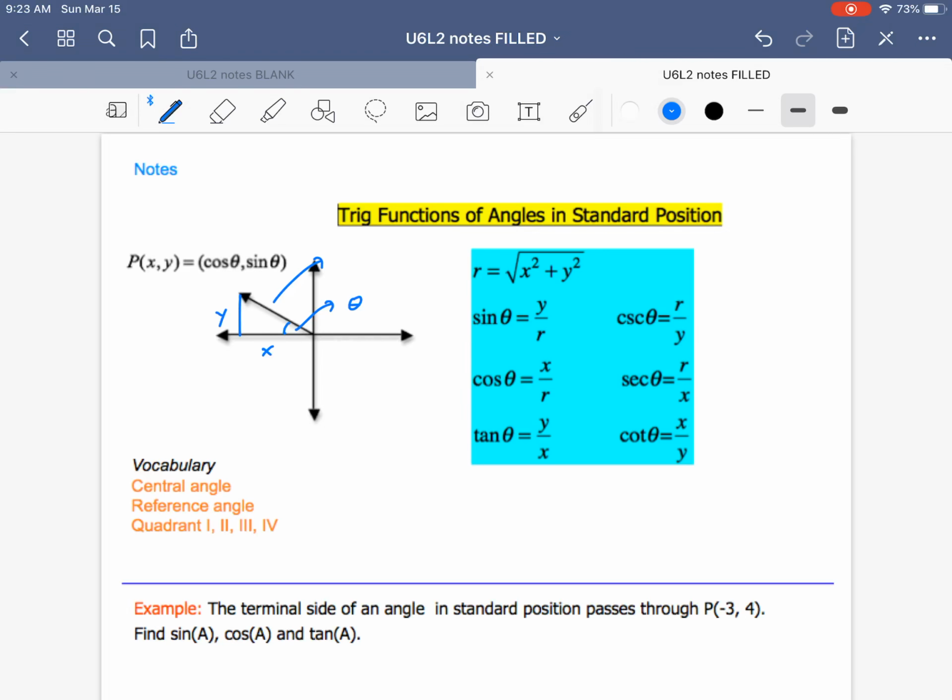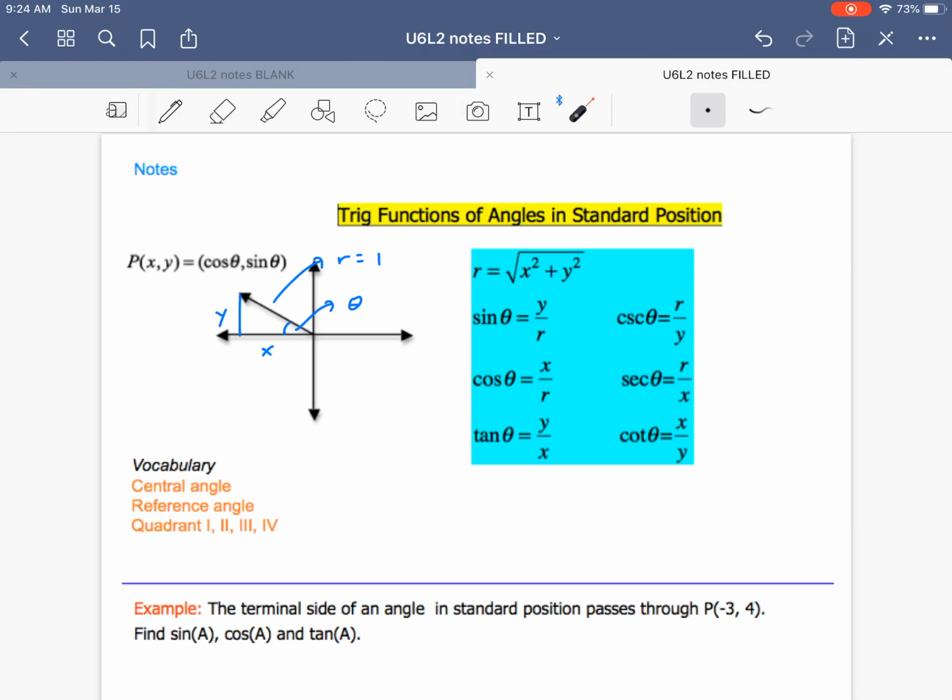If we're in the unit circle, the radius is equal to 1, right? So if that's the case, then this x coordinate here is cosine of theta, right? Because that's going to be this x distance over 1, which is just cosine theta. And the y value here is going to be sine theta, because the sine of this is y over 1, which is just y. Okay?